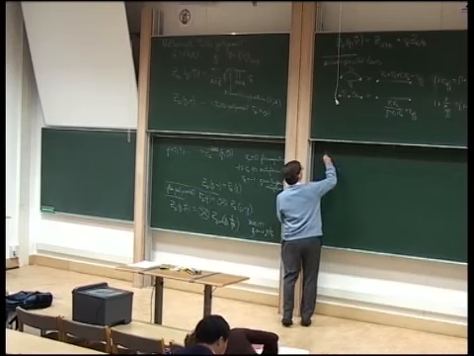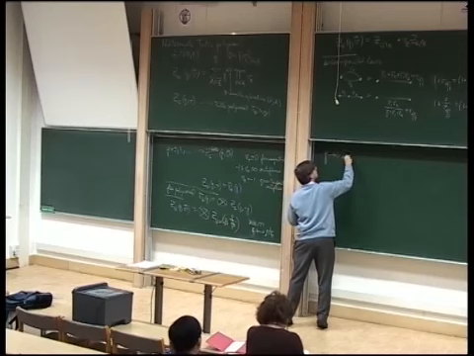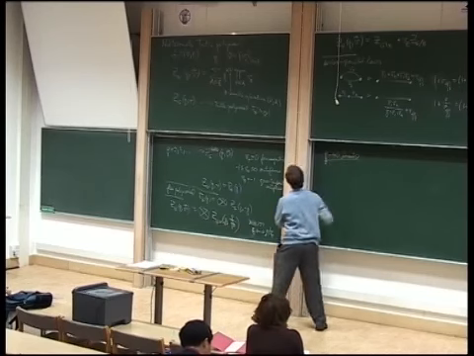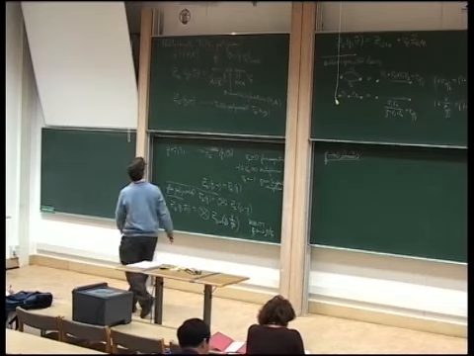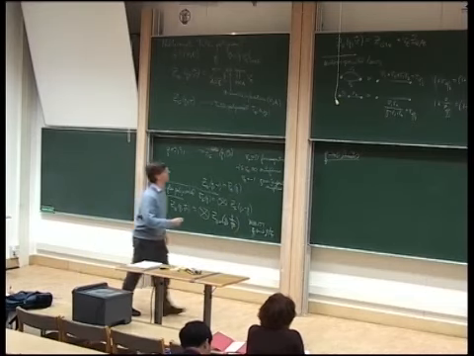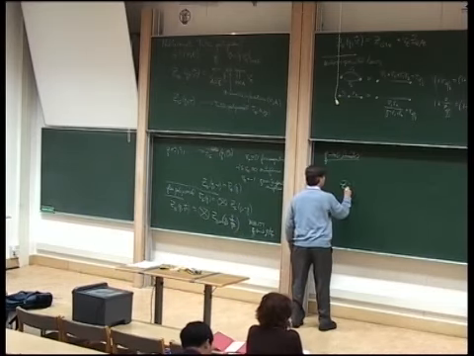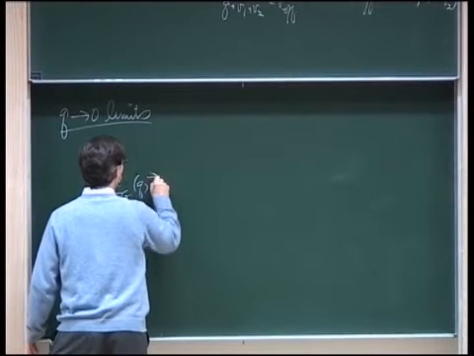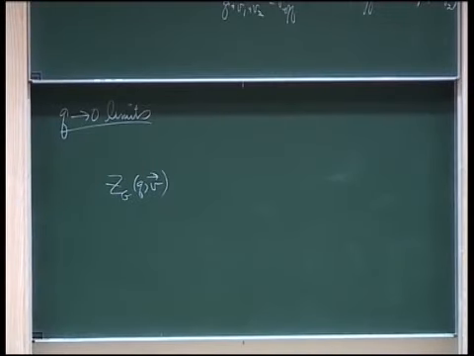Finally, let me talk about q goes to 0 limits of the multivariate Tutte polynomial. So let's start with ZG of q and v. And there are various ways you can take q goes to 0 limits. The most obvious one is take q goes to 0 with the v's fixed.